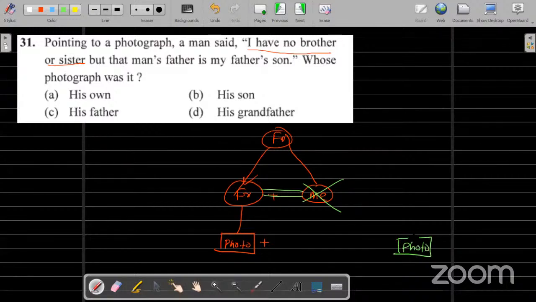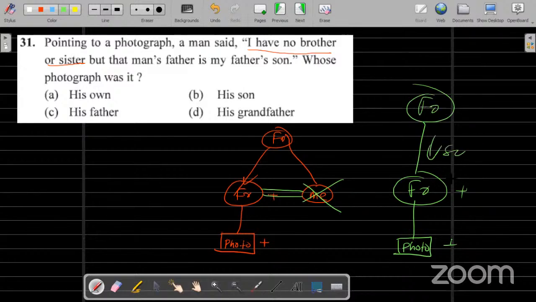That man's father is my father's son. Since I have no siblings, my father's son should be me itself. So pointing to the photograph, that person is saying that man's father is my father's son.